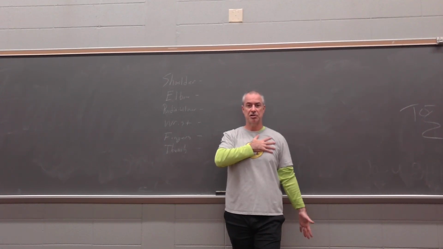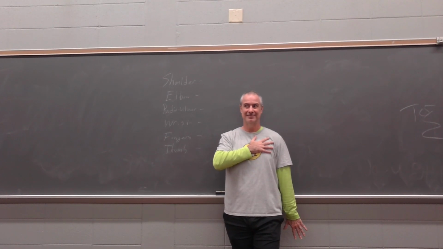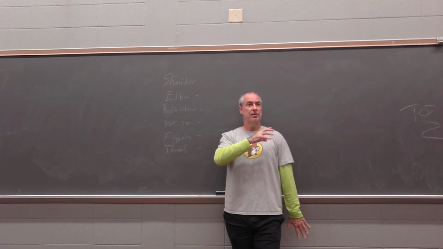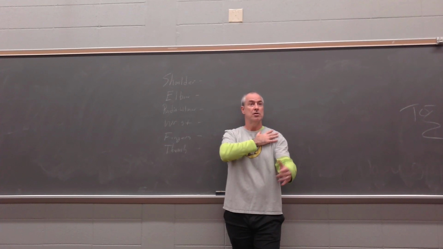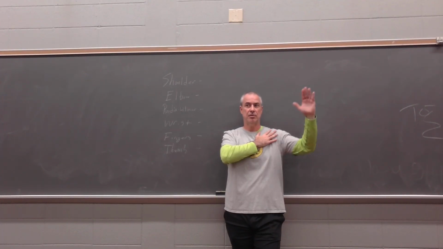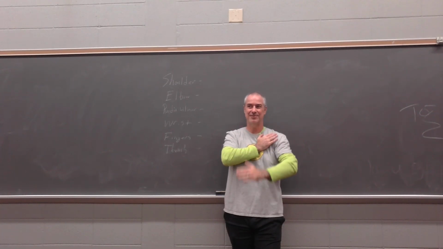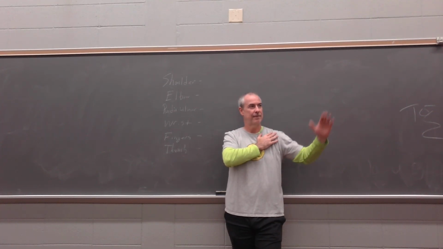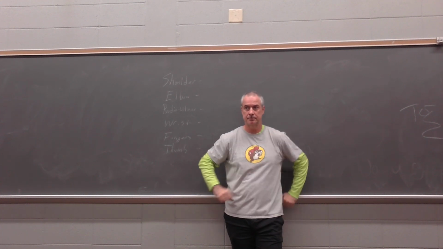This is abduction. Even if I'm internally rotated, this is abduction. The rotation is governed by the long bone. So that way, this is external, internal, external, internal. Make sense?